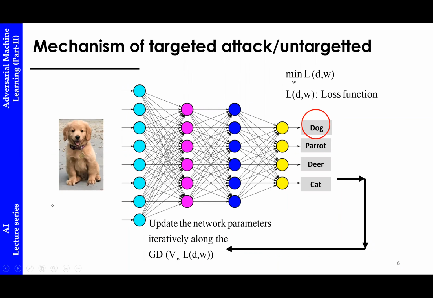Okay, now our model is trained well and is ready for classification. We introduce an input. The input is a picture of a dog, and the network classifies it as a dog with high accuracy.